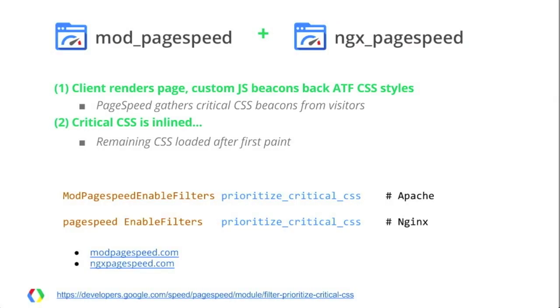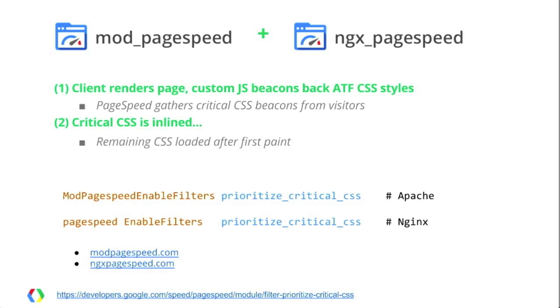So here's an example, right? We've actually built a couple of open source tools. This is being developed at Google. We have a plugin called PageSpeed, and we have plugins for the Apache server and Nginx server. Instead of just being a static file server, or even serving PHP or Ruby or anything else, we inject an extra step in the server where we intercept the HTML that's coming out.